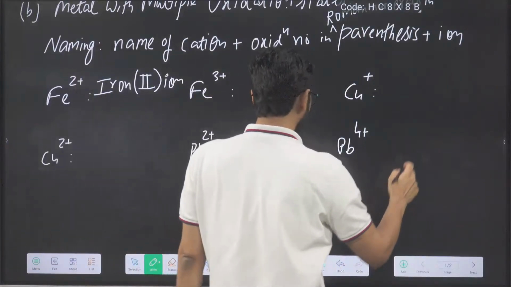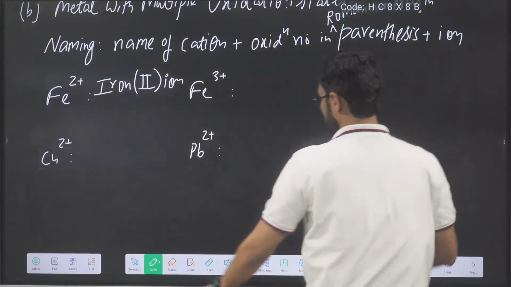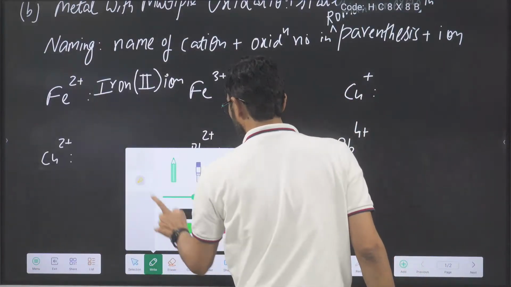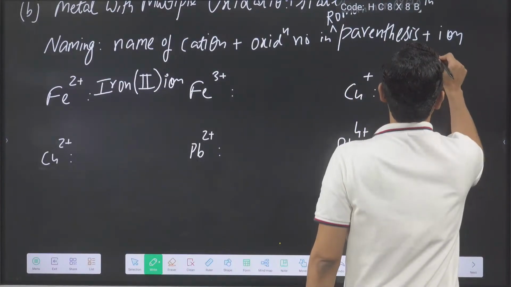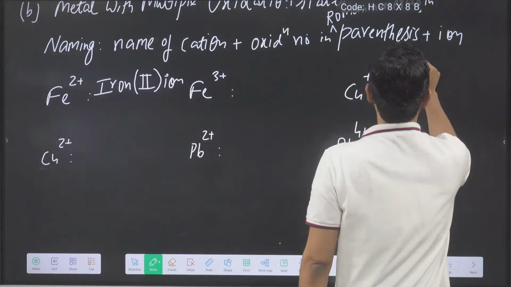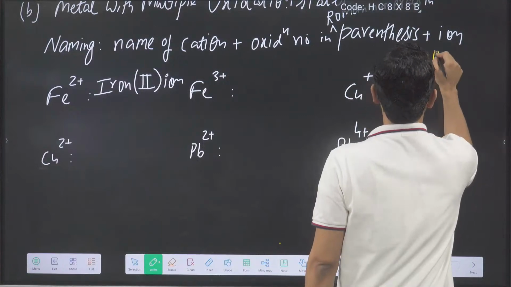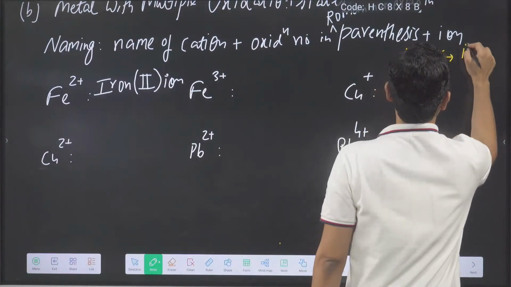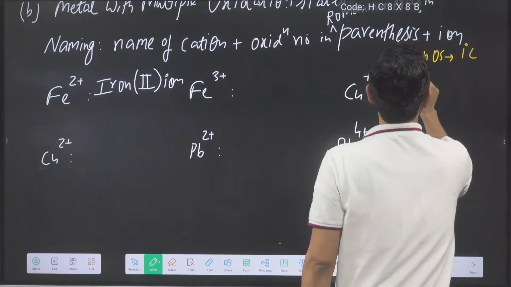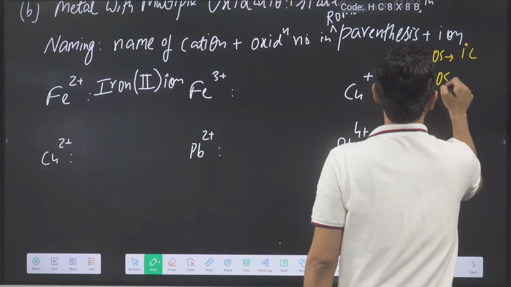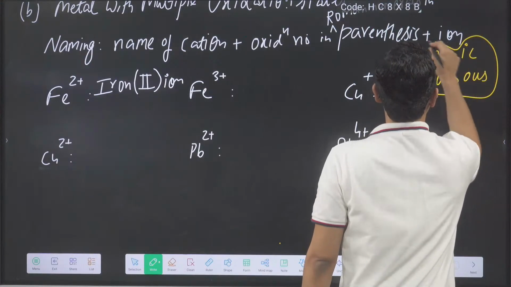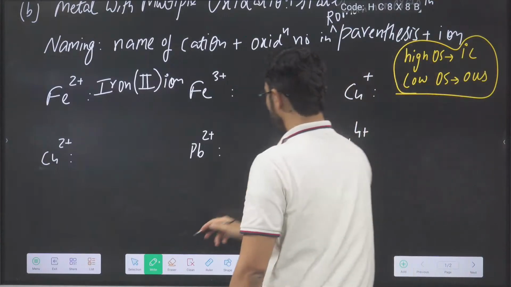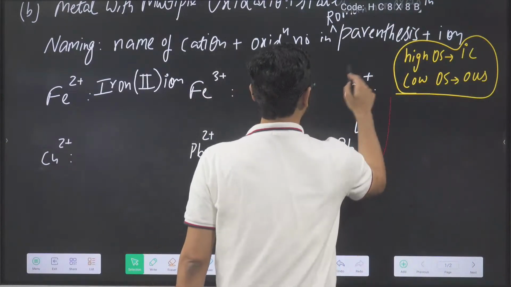In old nomenclature, what was used? For high oxidation state, -ic was used, and for low oxidation state, -ous. It was the old pattern of nomenclature.